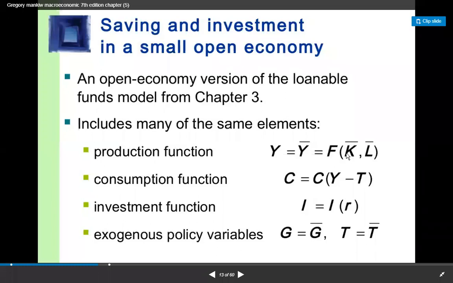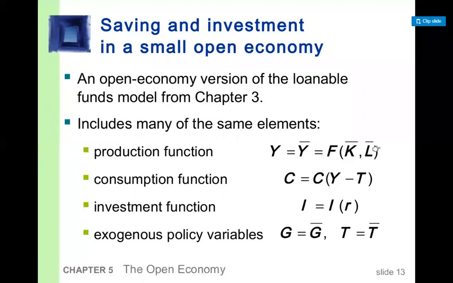What is the definition of the short run in an economy? In the short run, all factors of production are assumed fixed. Capital and labor are fixed.